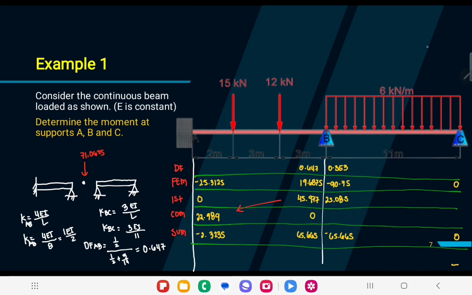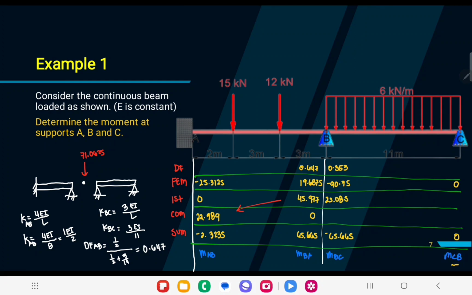So, this will be our final answer for our problem number 1. So, ito yung moment at BA, moment at BC, and then moment at CB.